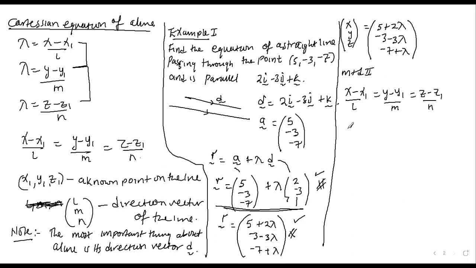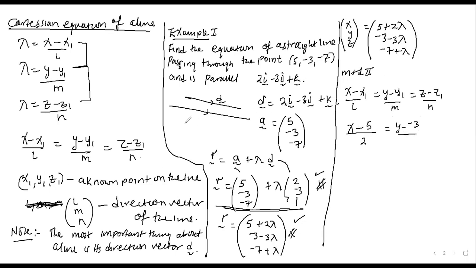So you would get x minus 5, the x of the known point, over l, which is 2, is equal to y minus 3 over m.